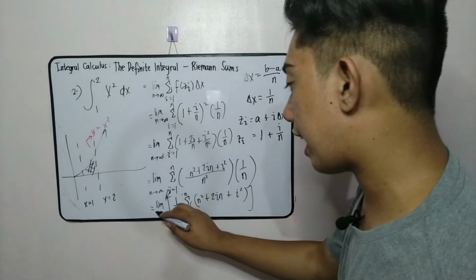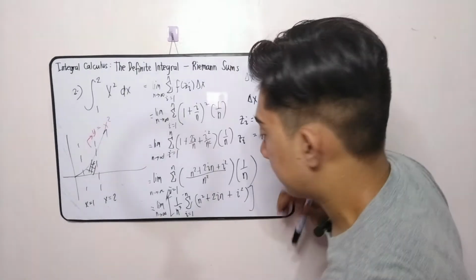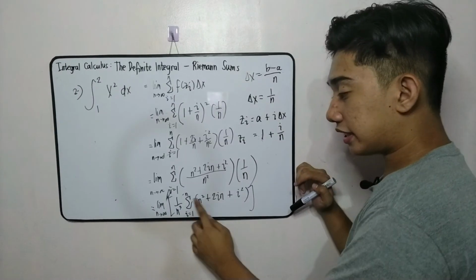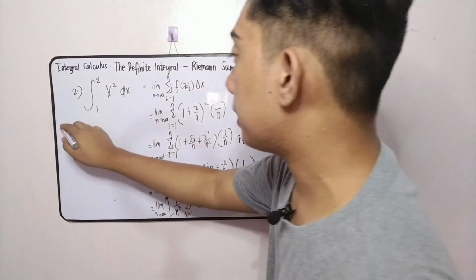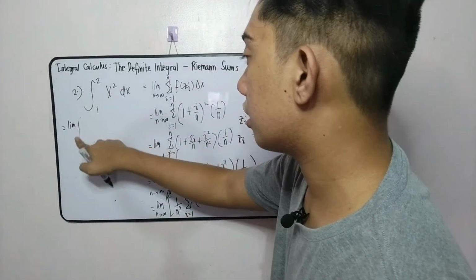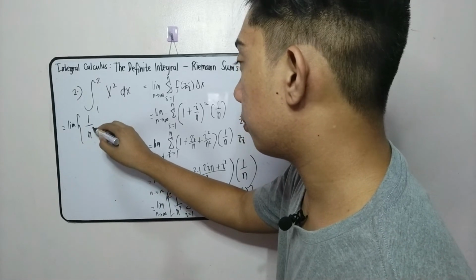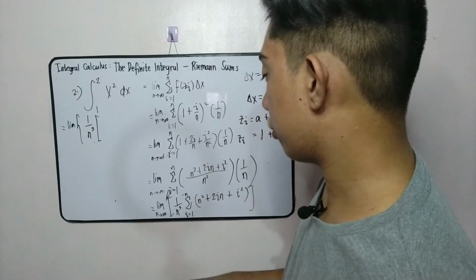Okay? As n approaches infinity. Okay? Next, we will distribute the sigma. This becomes the limit of quantity, let's change this one to brace, 1 over n cube times the summation.